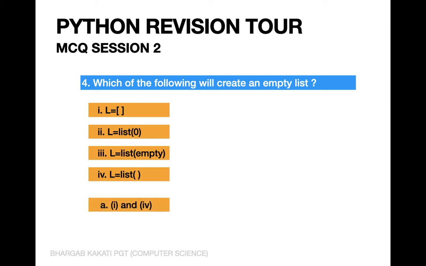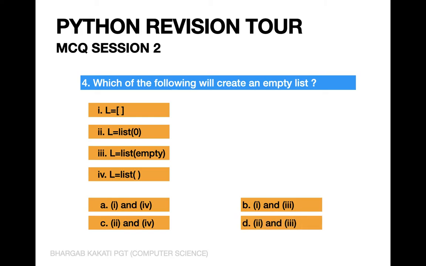And the options are A 1 and 4, B 1 and 3, C 2 and 4, and D 2 and 3. The correct option is, guess yourself, and the correct option is option A, 1 and 4. Let me show it to you practically. So let's take the first option.